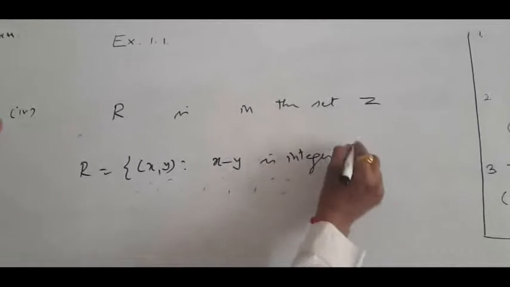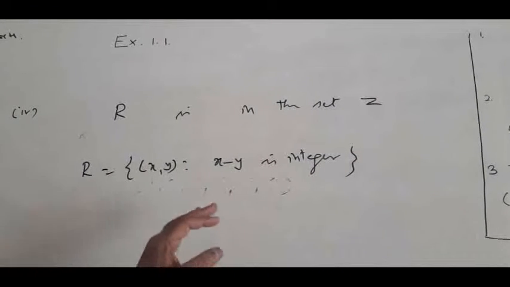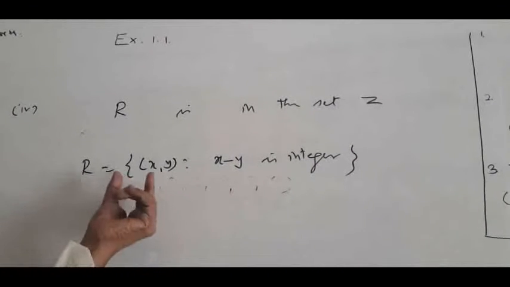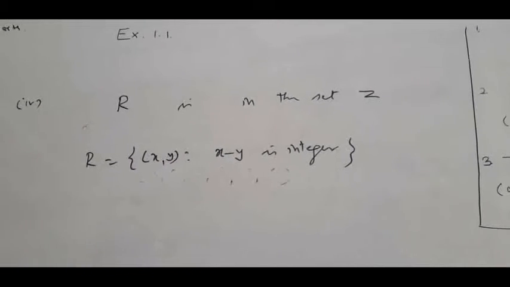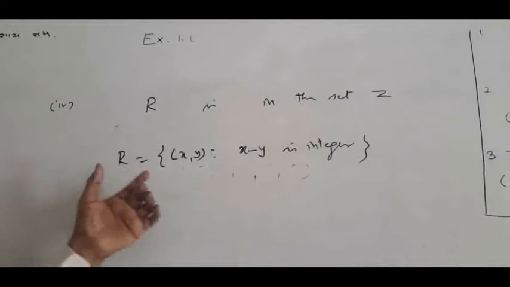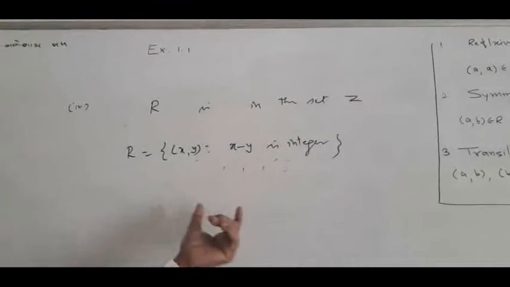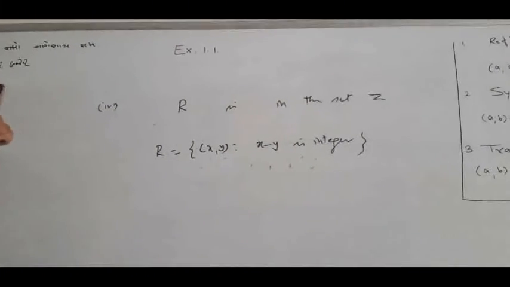Even so, I will just explain here. The ordered pair (x, x), where x minus x is 0, is an integer, means for every x belonging to Z, (x, x) belongs to R, means reflexive.